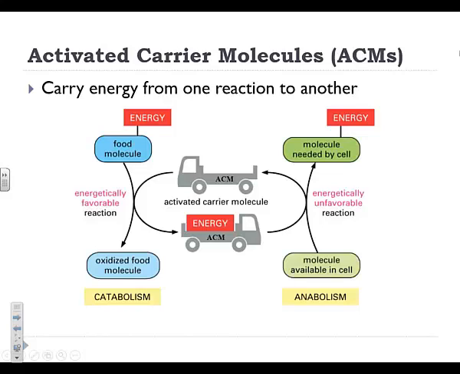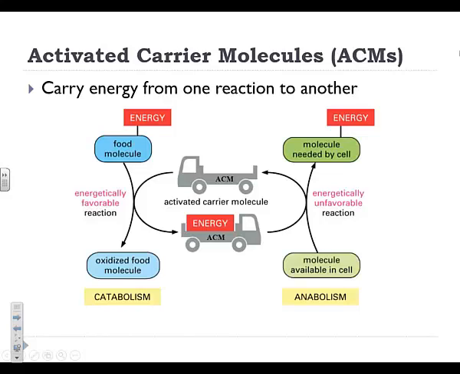So you can think of catabolism, the breakdown, kind of naturally going towards disorder, as being energetically favorable reactions, whereas anabolism, or the building up of those macromolecules in the cell, are generally unfavorable.